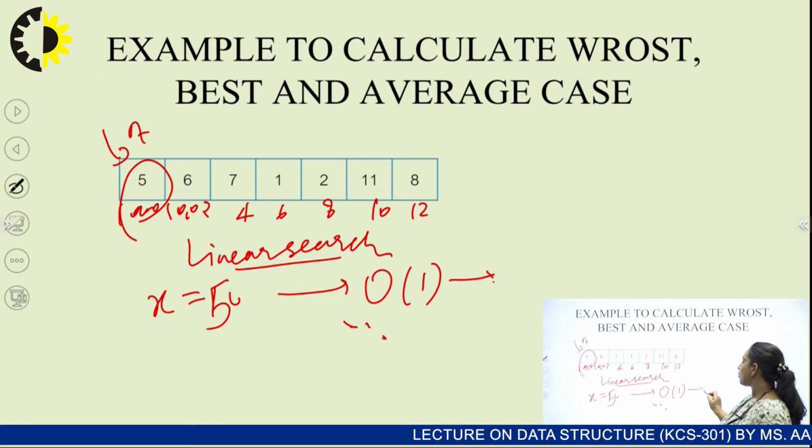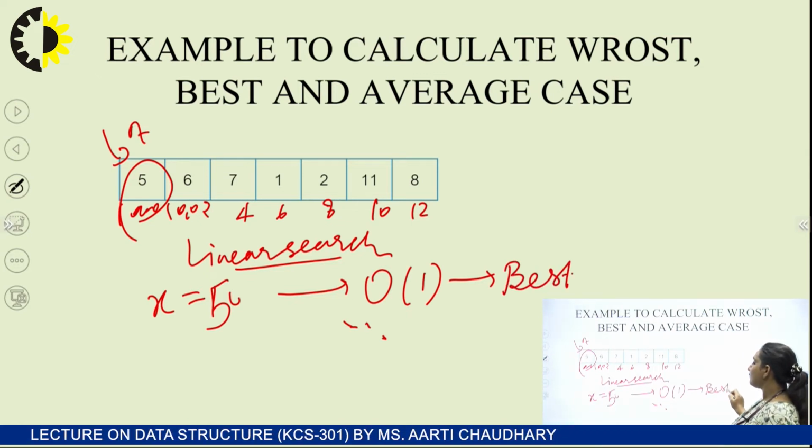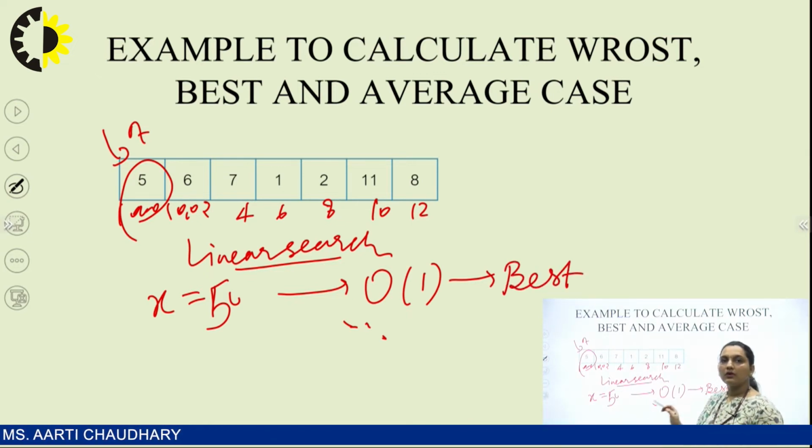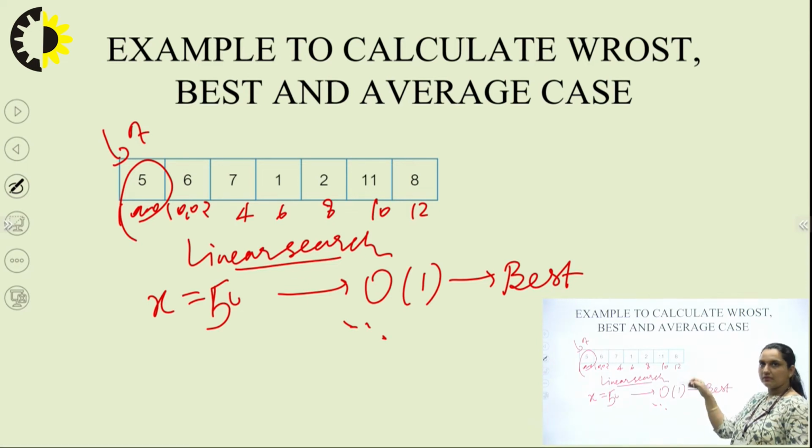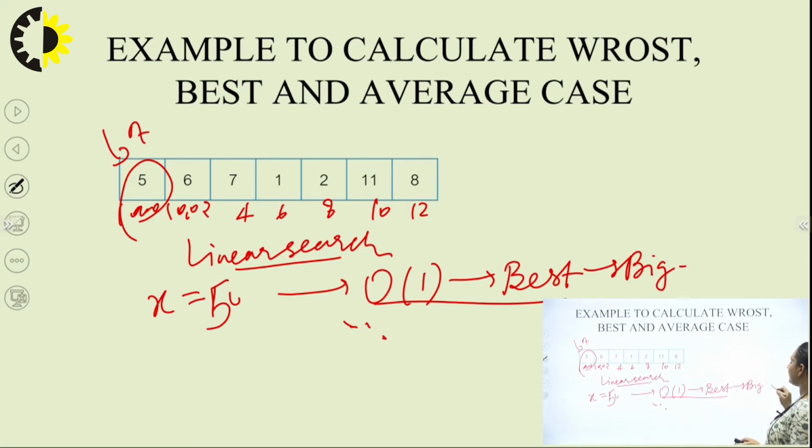This is called the best case; better than that is not possible. If the element is at the starting position, we get the best case, order of 1, and this is given by big omega. This is a summarization slide you will get to know about.